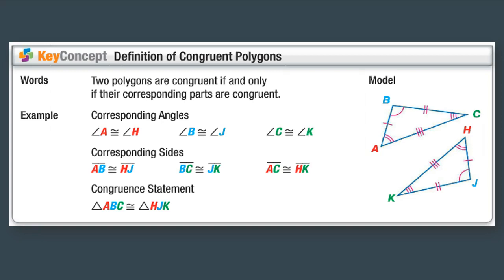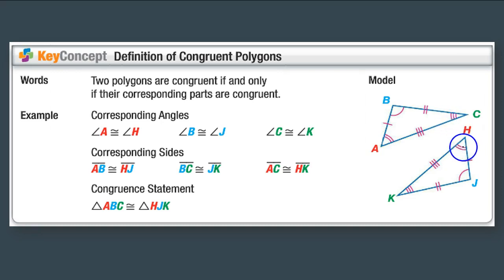So, the definition of congruent polygons. Two polygons are congruent if and only if their corresponding parts are congruent. As you can see, A is congruent to H, B is congruent to J, K is congruent to C. Notice the colors also match up, so it's a visual way to see this happening.